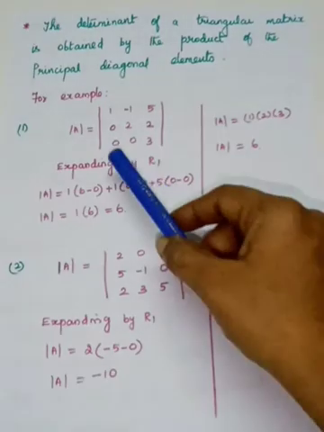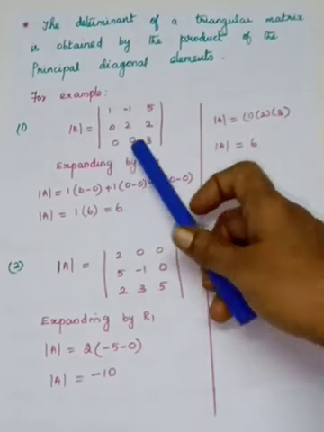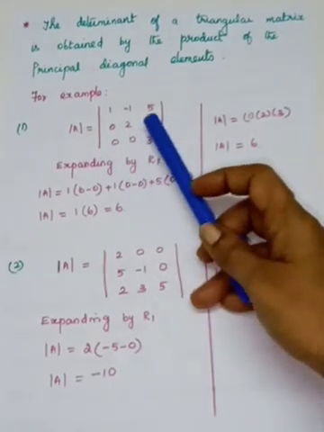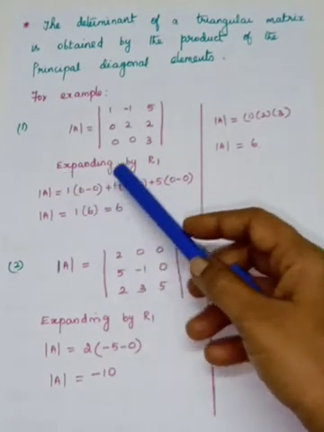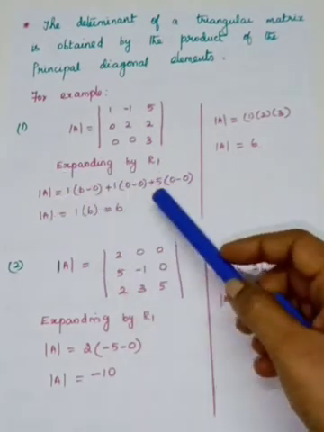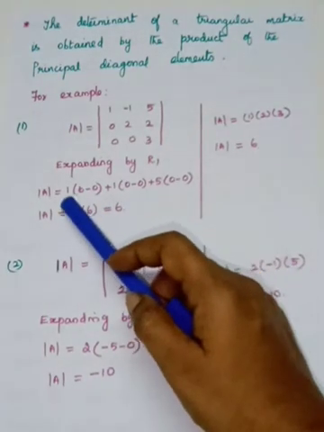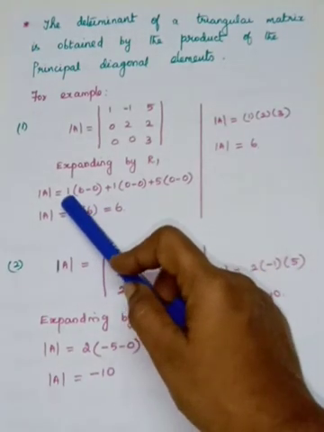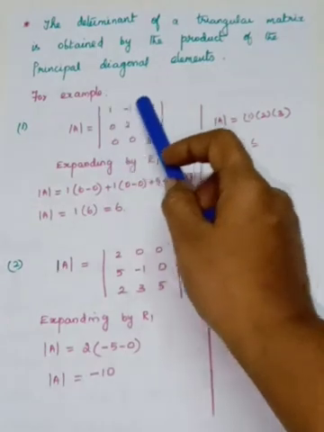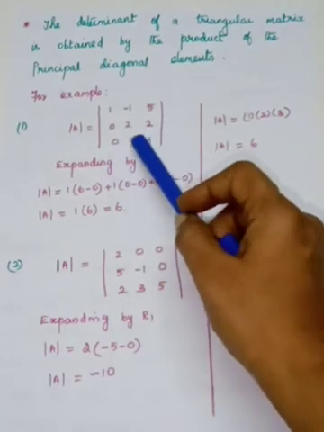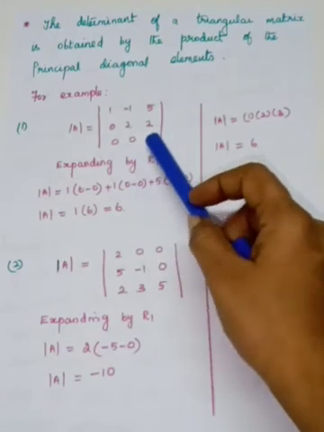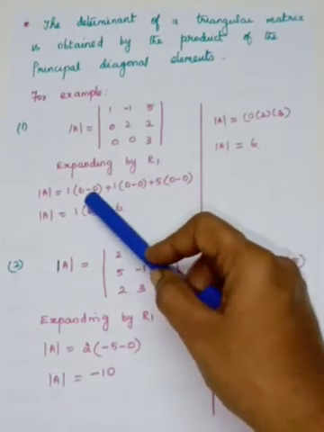Okay, you see that here, for example, first example, I have taken an upper triangular matrix. So usually how to find the value? We will expand by R1. According to the Laplace expansion, first element you have to write and delete the first row and the first column. So you will get a 2 by 2 determinant. So you have to find the value. 2 3s are 6. In between you have to write minus.